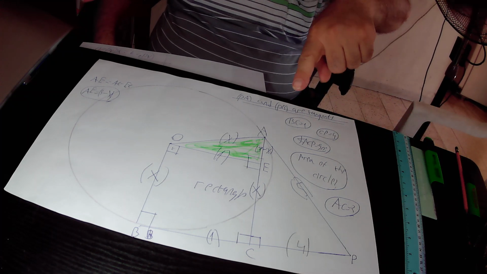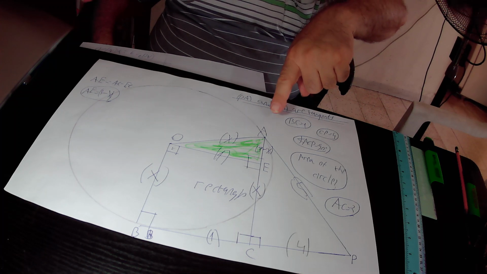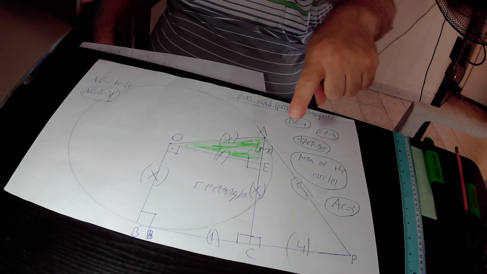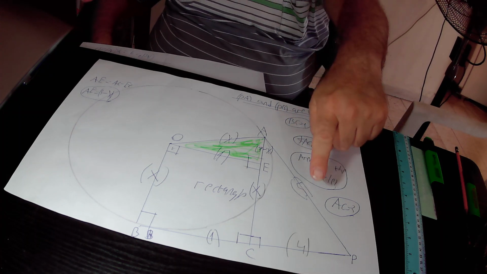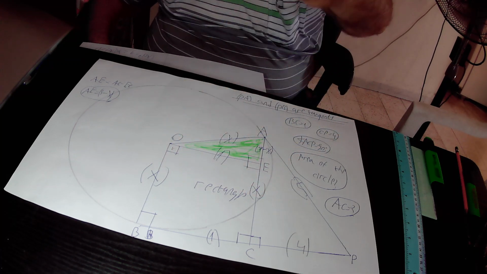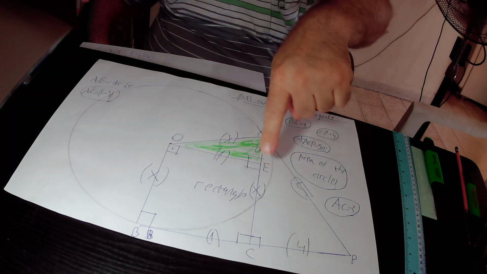The right triangle ACP cuts the circle at two points, point A and this point. We know that side CP of the right triangle ACP equals 4 units in its length. This line segment CB equals 1 unit. And our mission is to find out the area of this circle.